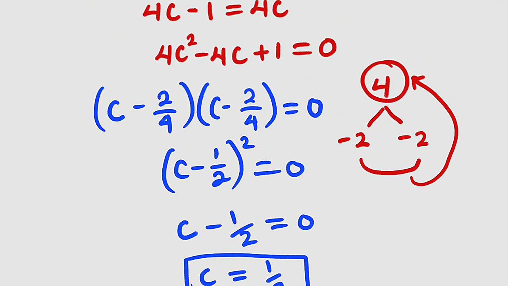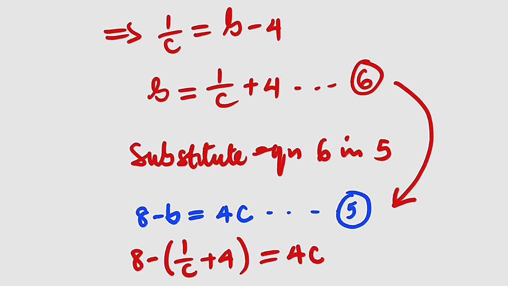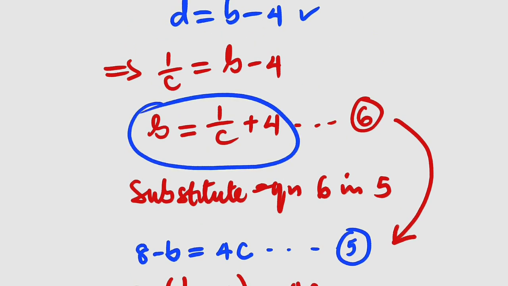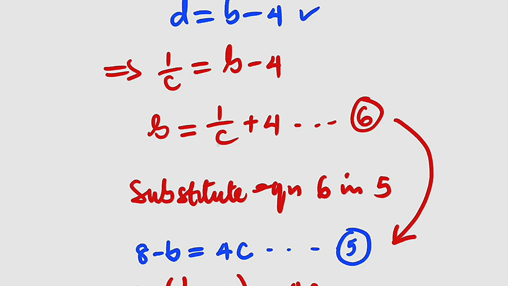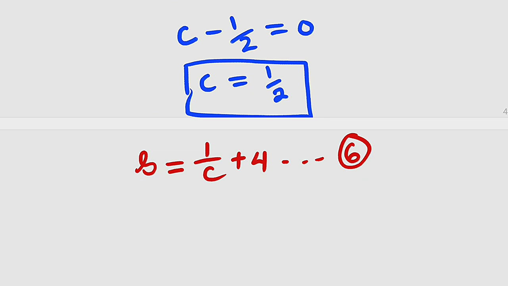All right, let us go back and see whether we have any equation written in terms of c. Oh, we have a nice one here. So we can solve for b by substituting the value of c here. From this equation, b is equal to 1 divided by c, which is 1/2, plus 4.